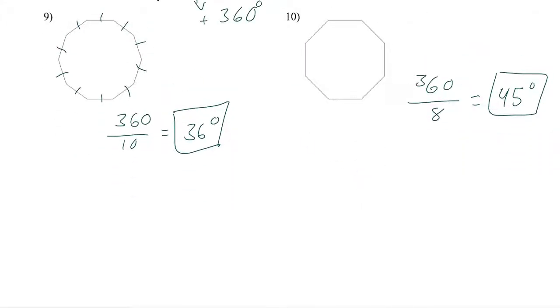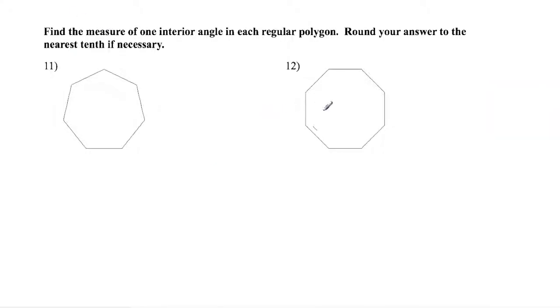And that's exterior angles. Now the interior angles, remember, is going to have the formula n minus 2 times 180. So if we want to find the measure of one, we would just need to divide that by how many sides there are. So here we have 1, 2, 3, 4, 5, 6, 7. And there are 7 sides, so that's 7 minus 2 times 180.